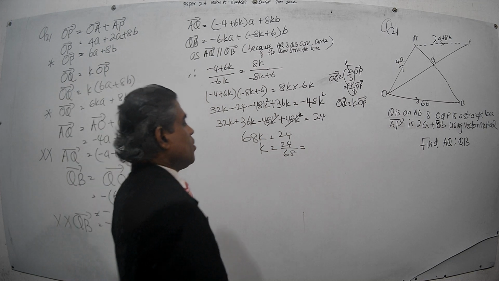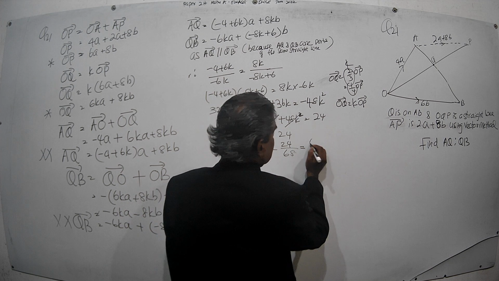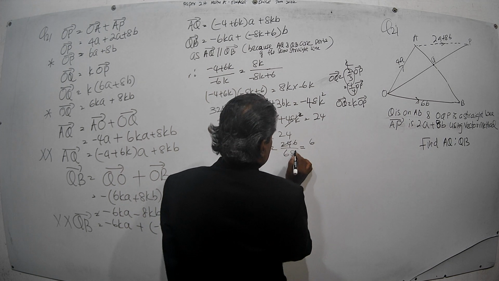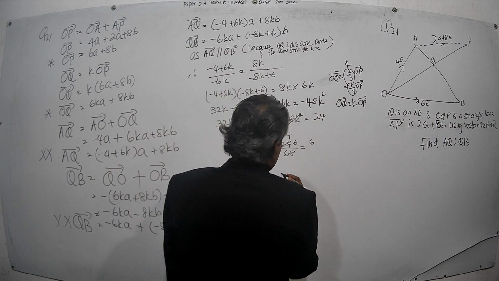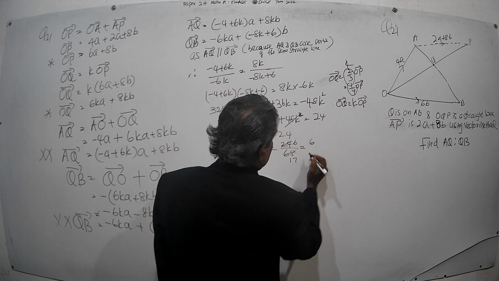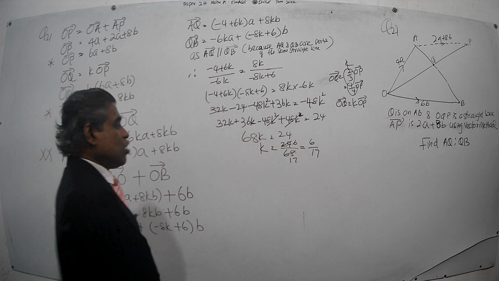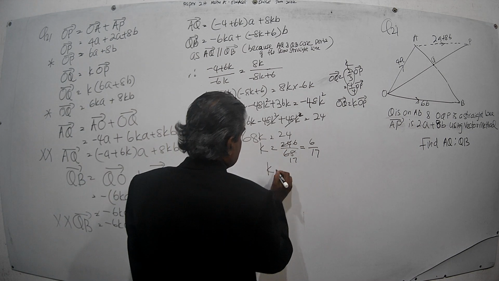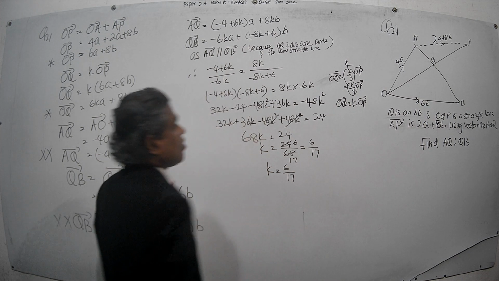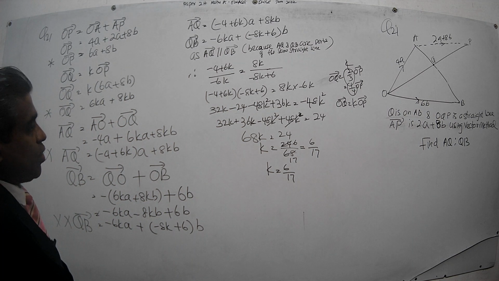By 4: 4 times 6 is 24, and 4 times 17 is 68. Now, like this. Okay. The k value equals how much? 6 over 17. Okay. Now write the k value. Now the k value has been found.